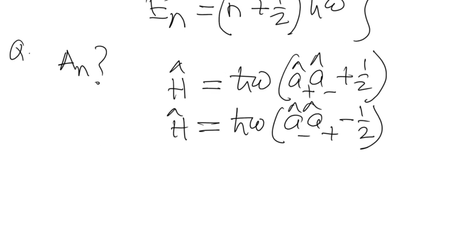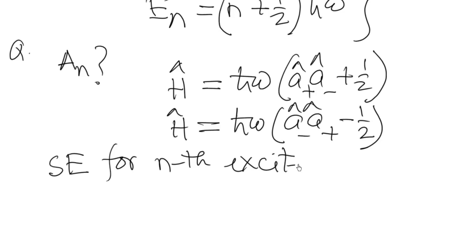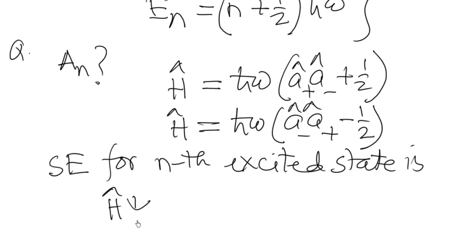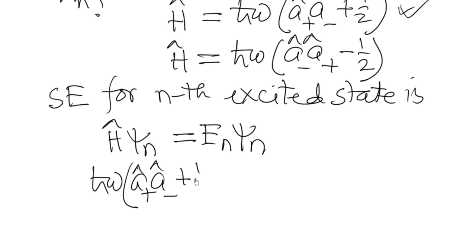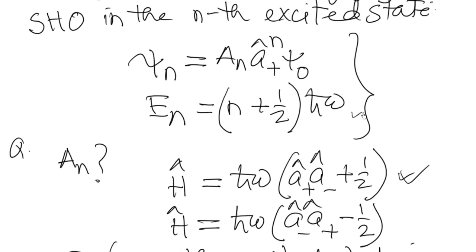Now, if we write down the Schrödinger equation for the nth excited state of the simple harmonic oscillator and substitute this here, then we have the En we just found out, and this is this.